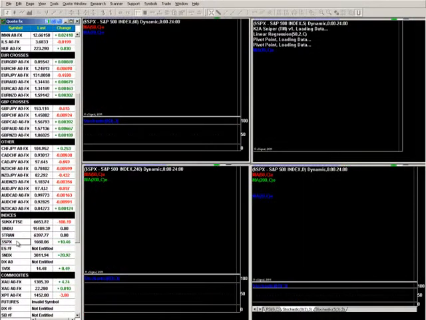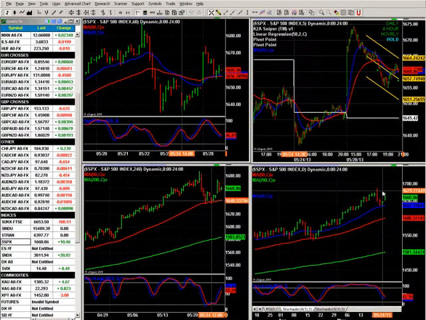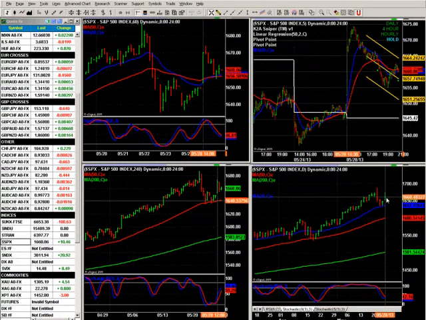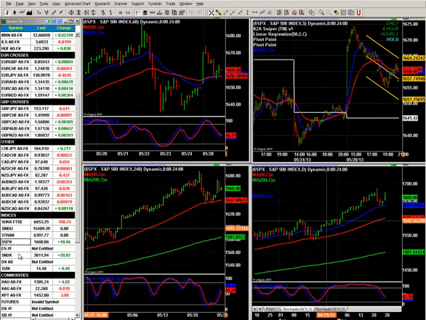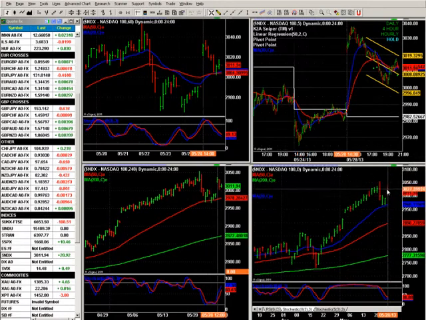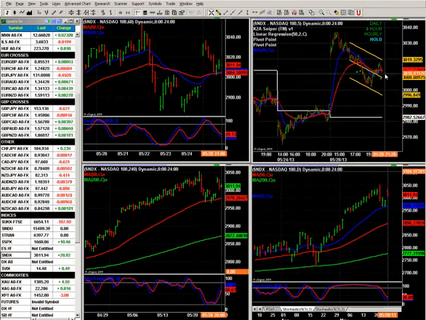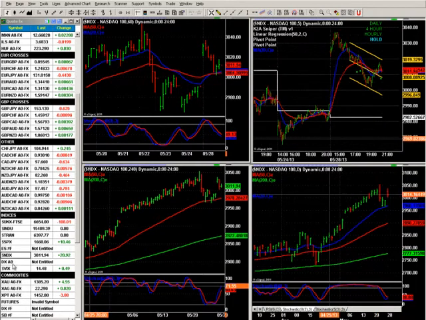Now we've got the S&P, which gapped up and then came back down and closed. Nasdaq had a big gap to the upside, came back down and closed. It's gonna open very shortly in 15 minutes.